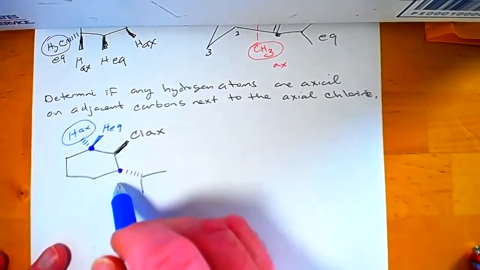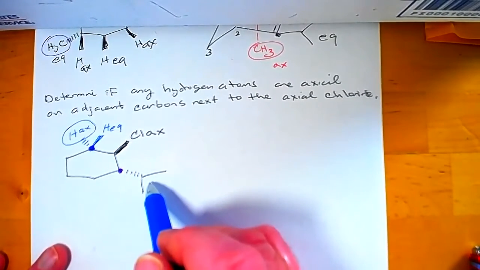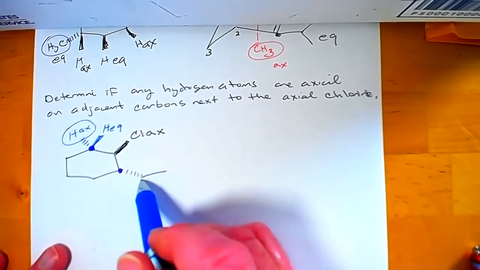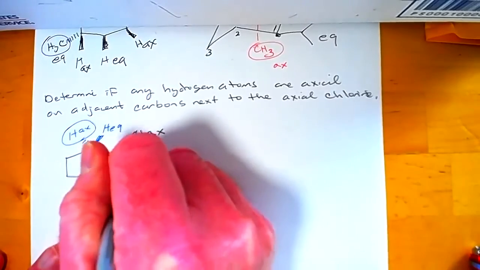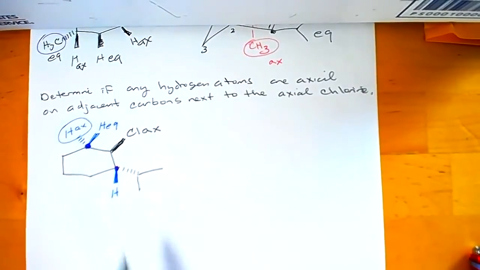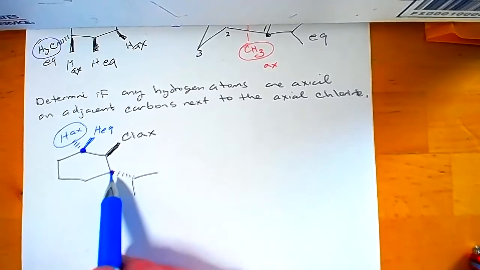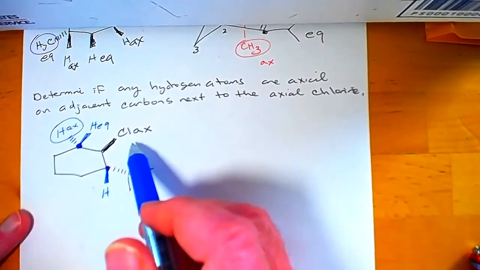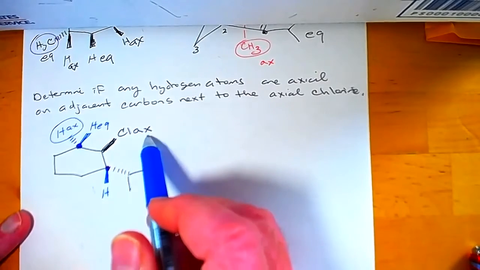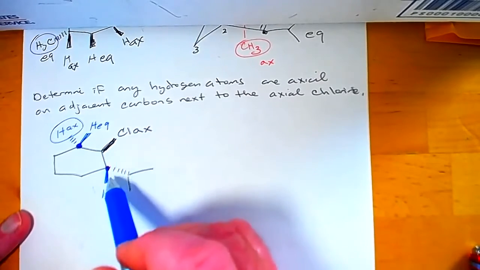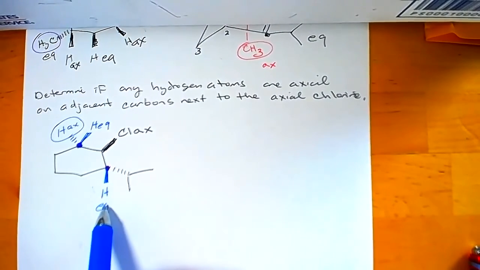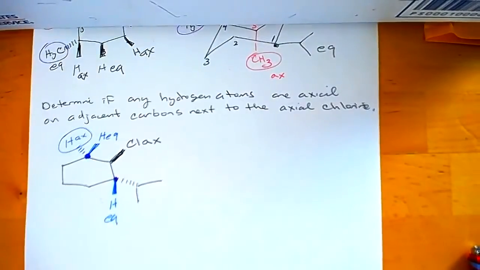Now over on this side, you can see where that isopropyl group is drawn, but what's not drawn in is the hydrogen atom. So anytime you see one group pointing in a specific direction, the hydrogen atom is going to be pointing in the other direction. So that means if there's an isopropyl group that's drawn back, there's a hydrogen atom that's drawn up at this position, okay? So now, if that chlorine group pointing up is axial, well, that hydrogen atom that's pointing up is going to be equatorial. So this hydrogen atom right here is not axial, okay? It's equatorial, so it's only that one right there.